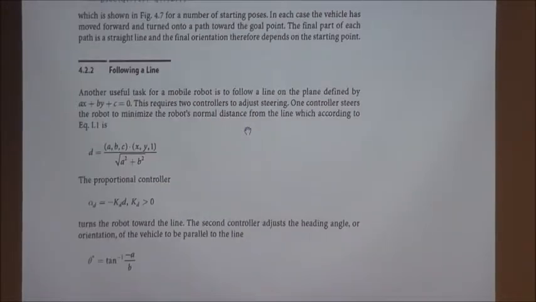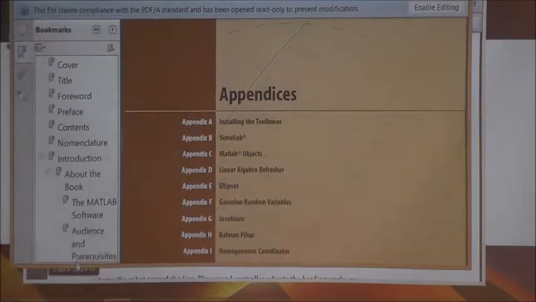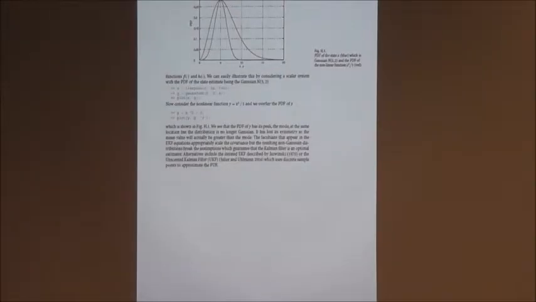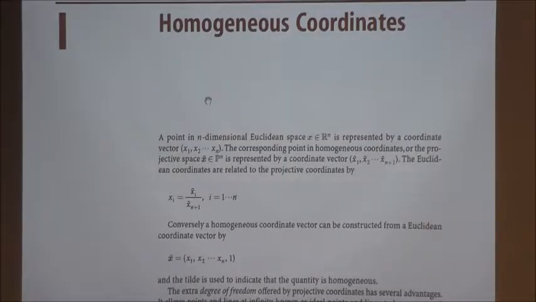So if you go to equation I.1, where is that equation? That equation is in Appendix I. Appendix I is the homogeneous coordinates.